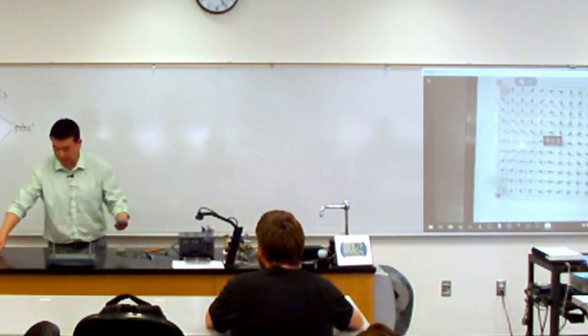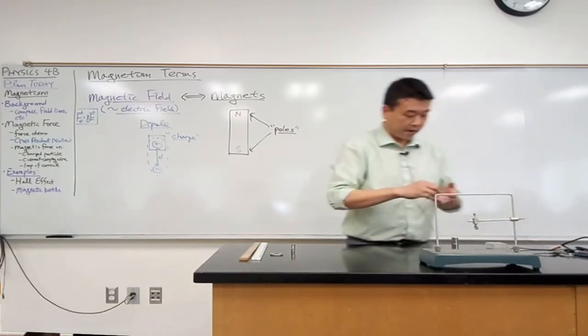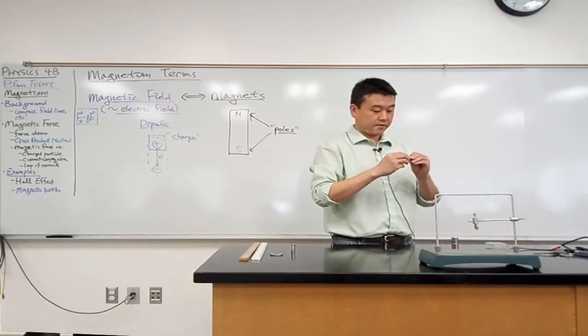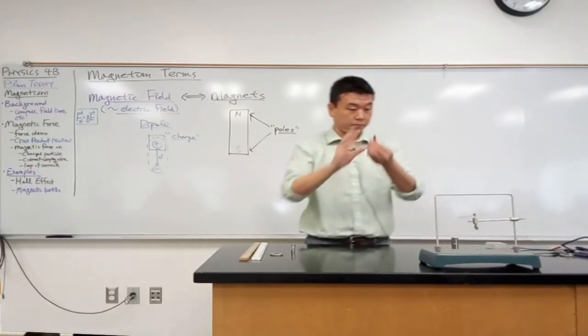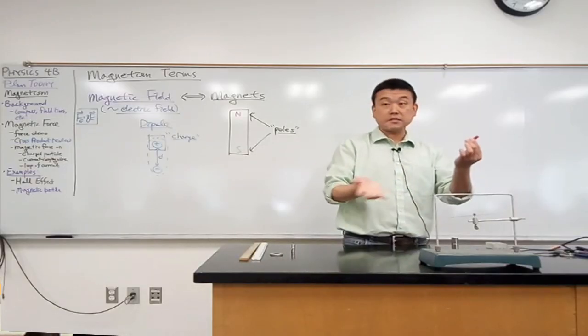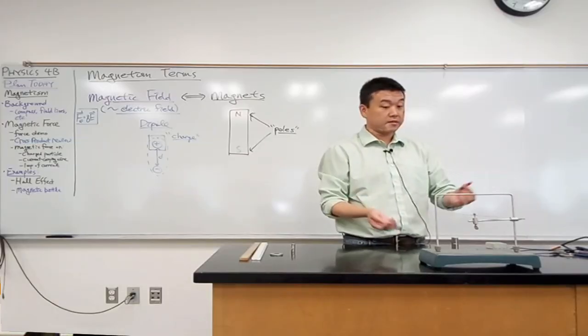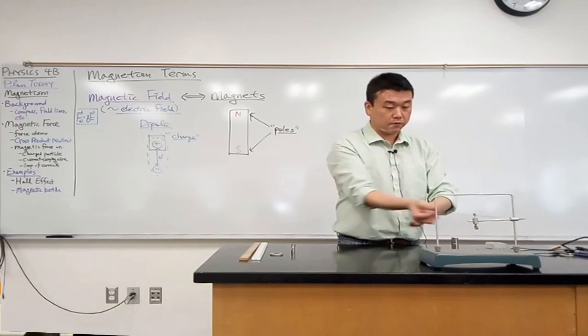And what we've seen before was that the blue end was the North Pole. So if I have my magnet here, then the North Pole would repel the North Pole of the compass. And all of this is similar to electricity, as in like poles repel like, or South Pole repels South Pole.